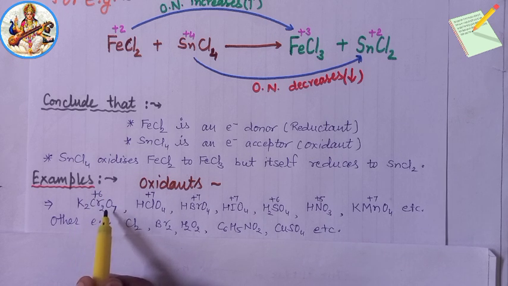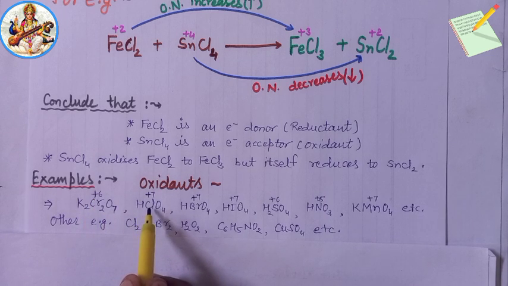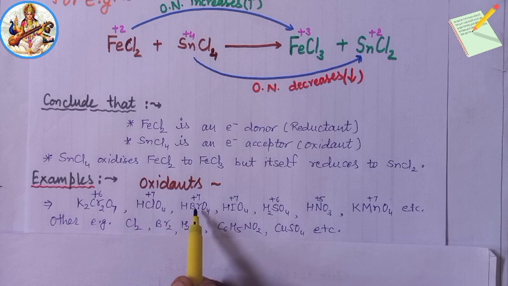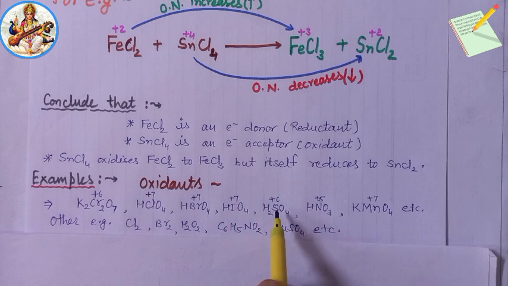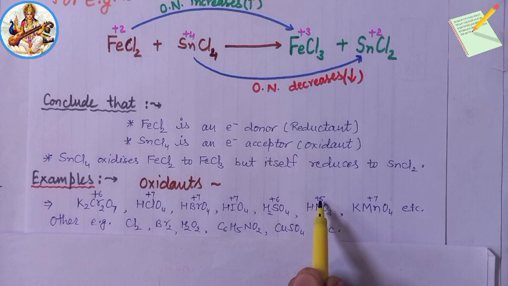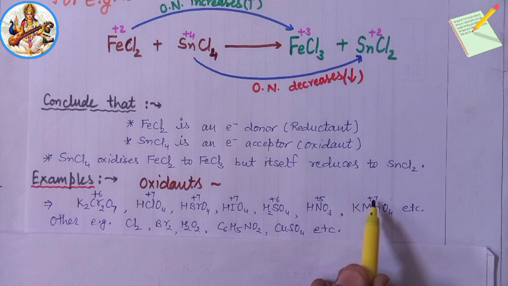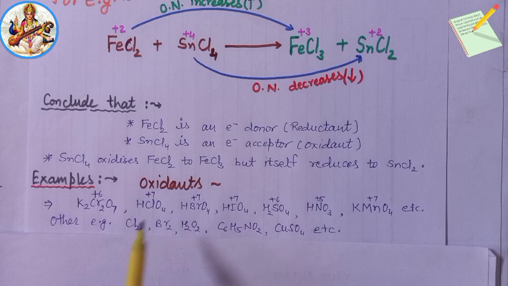In potassium dichromate, chromium is in +6; chlorine is in +7; bromine is in +7, iodine is in +7, sulfur is in +6, nitrogen is in +5, and manganese is in +7.